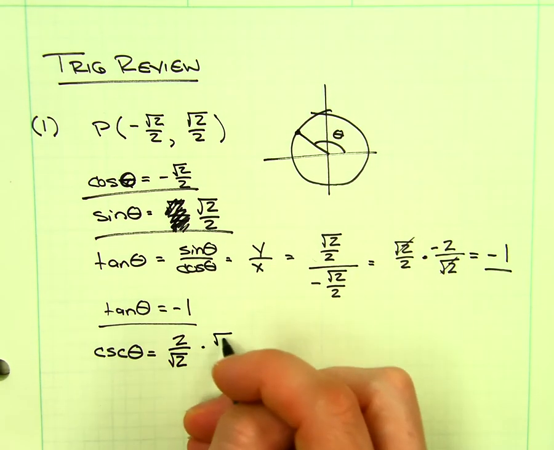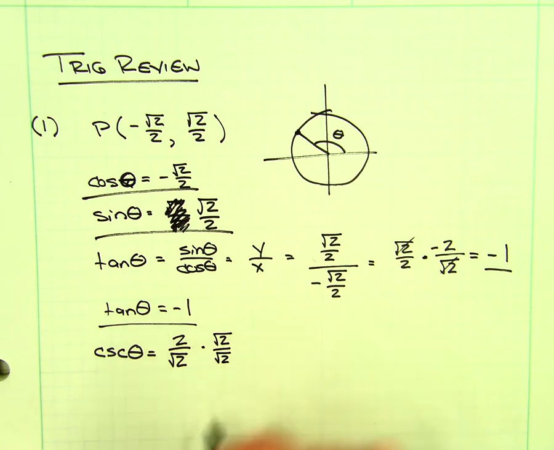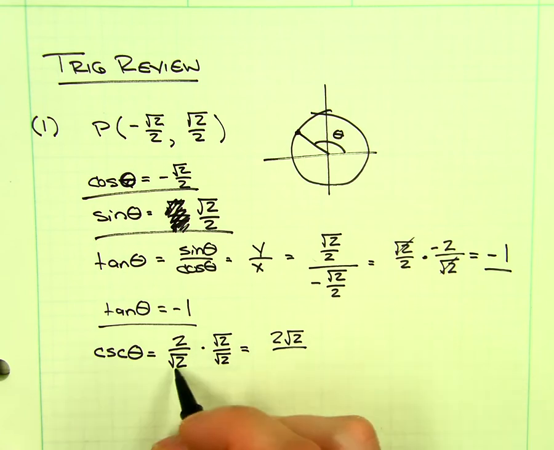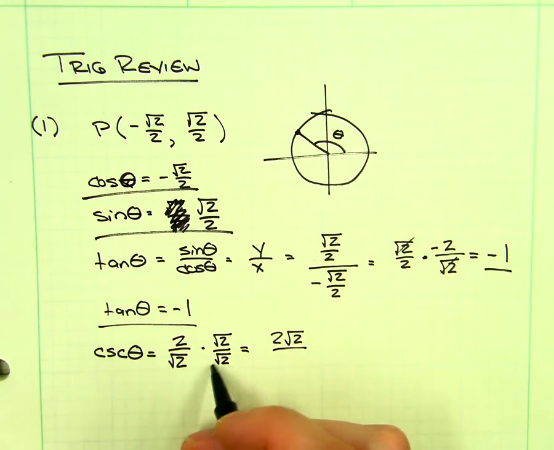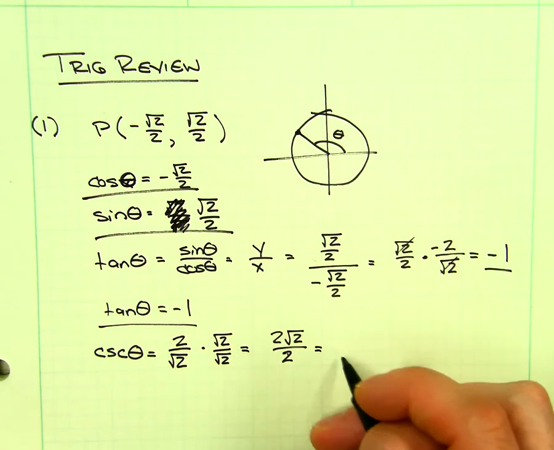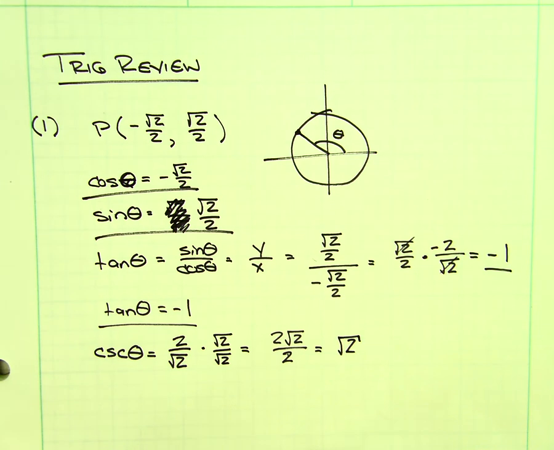To get rid of it, I just multiply by square root of 2 over square root of 2. I end up with 2 square root of 2 over 2. The 2's cancel, it simplifies, and I'm just left with square root of 2. So the cosecant of theta is square root of 2.